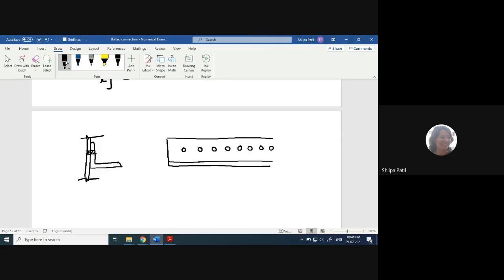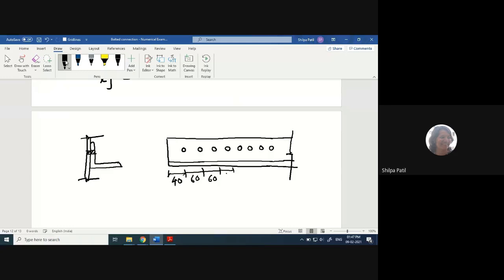As far as possible, show the same spacing between the bolts. Right now I don't have a scale with me, so I'm not able to draw a proper diagram, but your diagram should be proportionate. Whatever end distance we have provided, that value we have to show here, which is 40, and then this is 60, the pitch between the bolts.